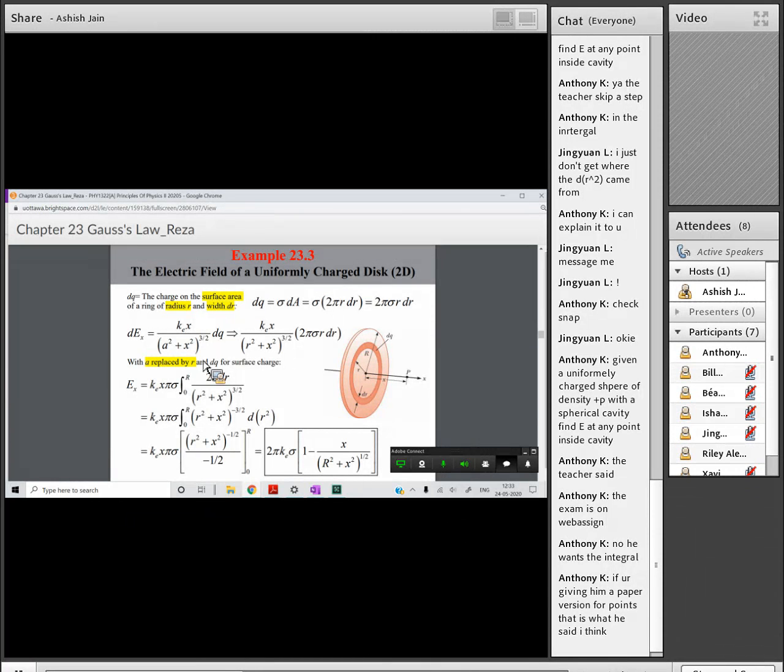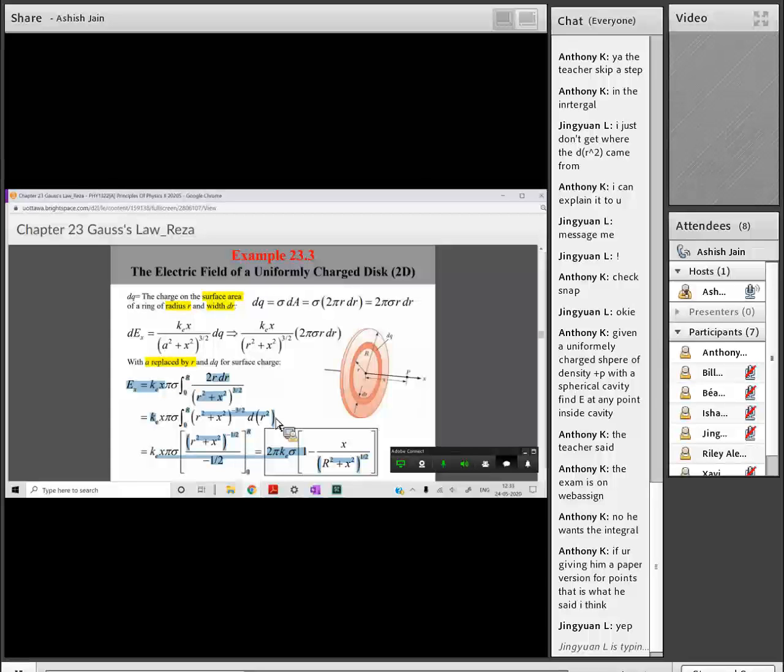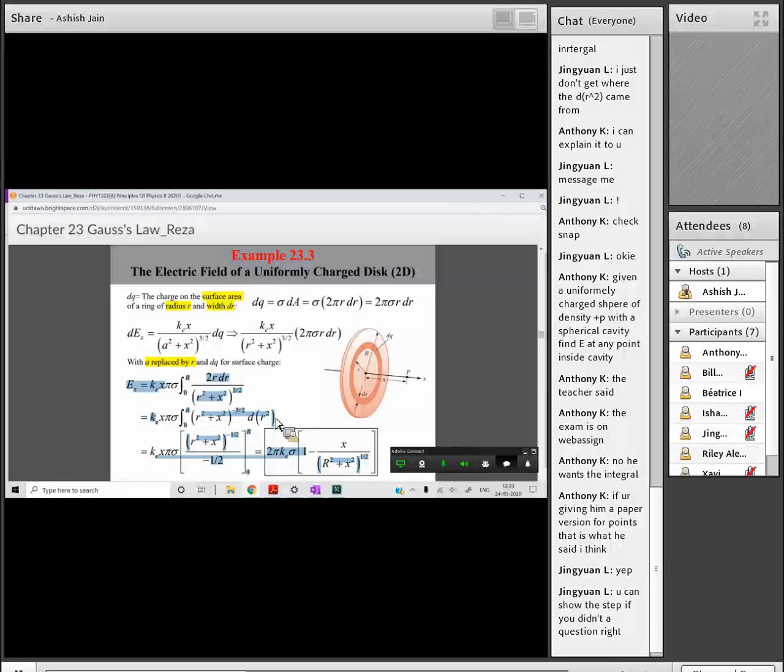You have to explicitly state that. You can skip this step, but I think it's good to show it because you won't make mistakes yourself. If you're a pro with integrals, then you can skip it, but personally, I wouldn't do that.